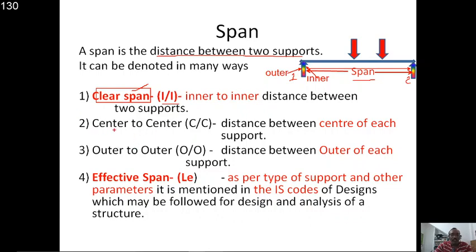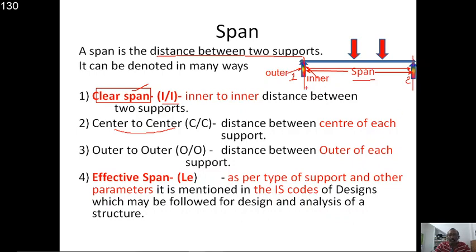If I wish to take the center to center of the supports, in some cases you can also take this as a span. If I draw a line here at the center of the support, you can see this is the center of this support, and for this support also you can have the center.